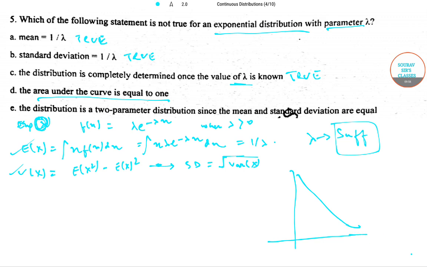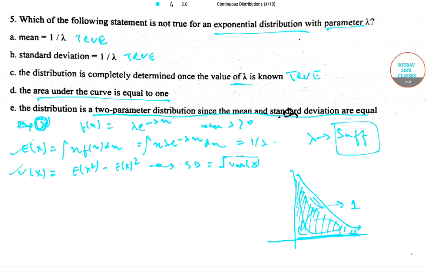This area is the probability that all the events occur. So if I take the whole range of X, I will get the total area, which is 1. Option E, the distribution is a two-parameter distribution since the mean and standard deviation are equal.